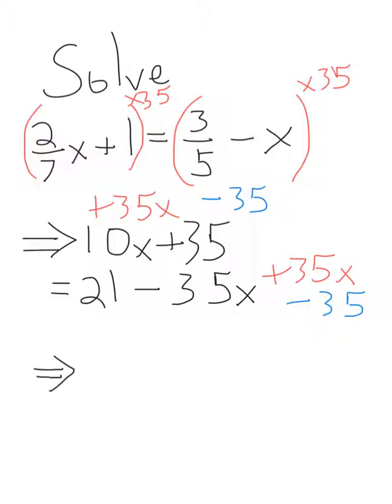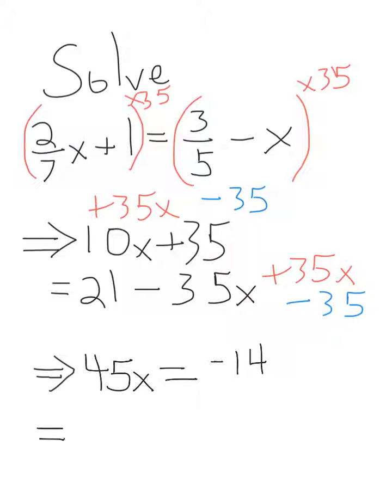We have 10x plus 35x is 45x. Minus 35 plus 35 is 0. And then we have minus 35x plus 35x is 0. And so we have 21 minus 35 is minus 14.